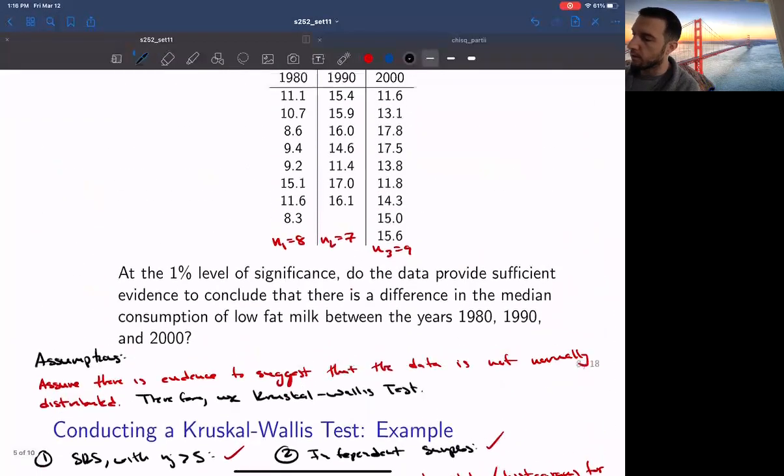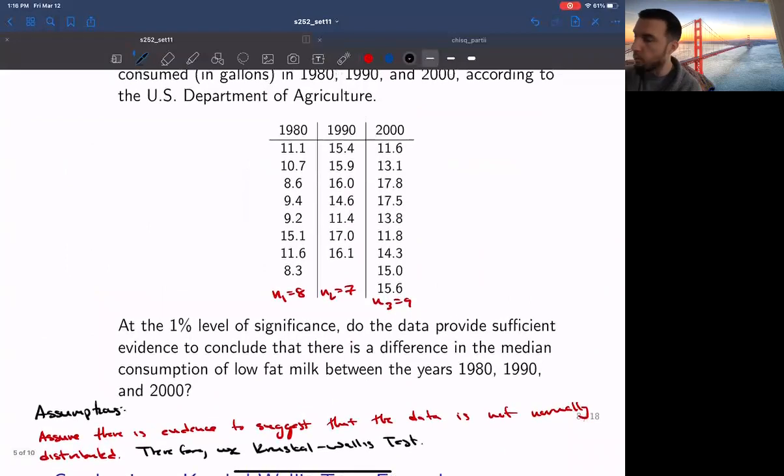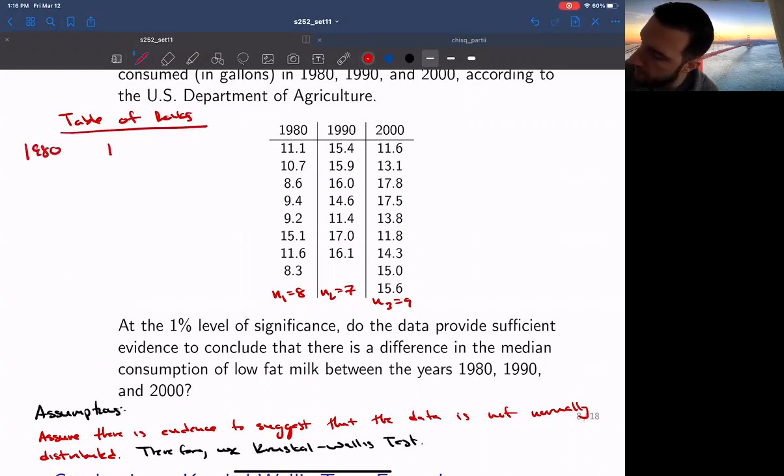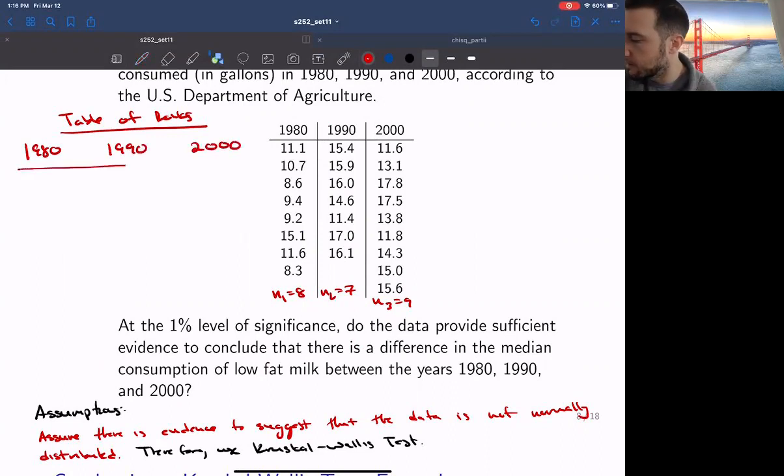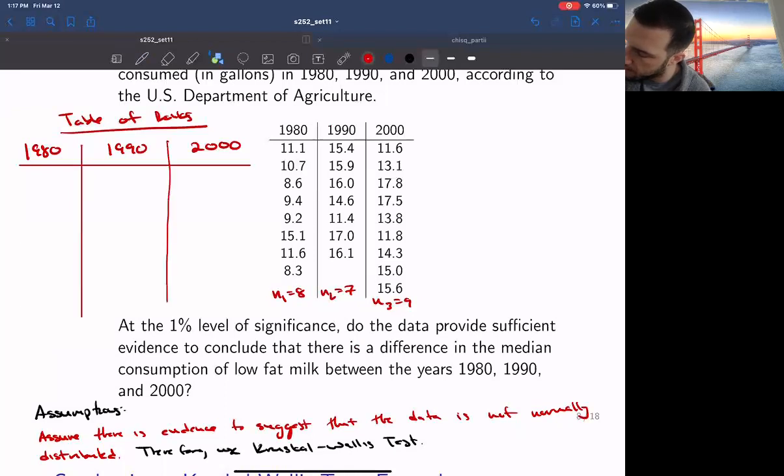Okay, so the way that this works, going back to the first table, what we have to do is rank all of the observations in the data set. So let's build a table of ranks. Okay, we're gonna have 1980, 1990, and 2000. Now, the way that we do this is we rank all of the data as a whole.